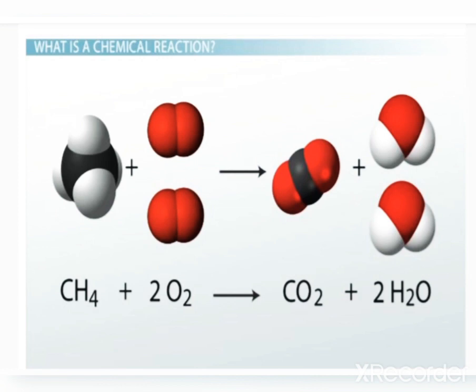Breaking of bonds takes place in methane, the bonds break, and it links up with hydrogen to form water molecules. So you can see in this slide 2H2O and CO2 gas is evolved. So can you see CH4 plus 2O2, when they are combining, they are forming a new product. Bonds are breaking and then they are combining together to form different molecules having different composition. So this is what a chemical reaction is.